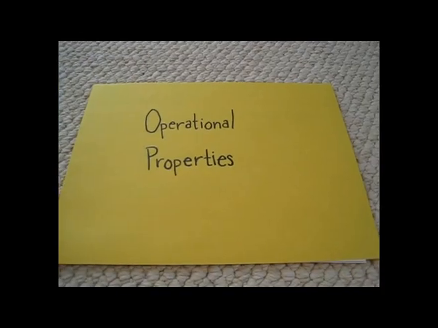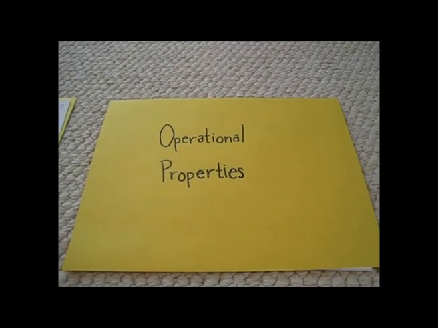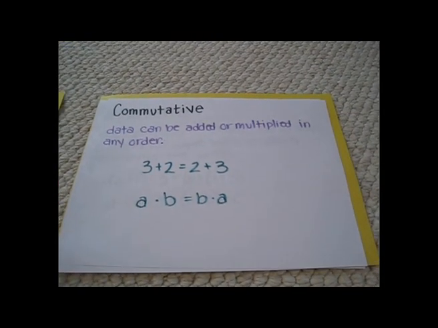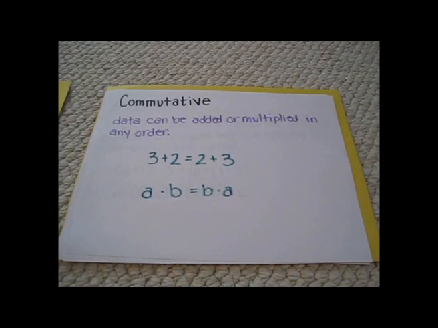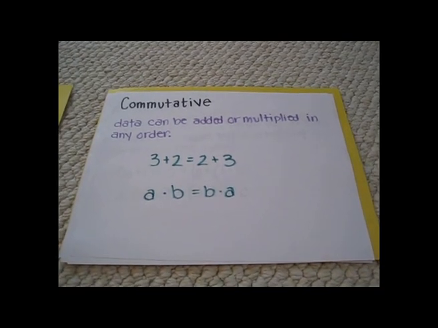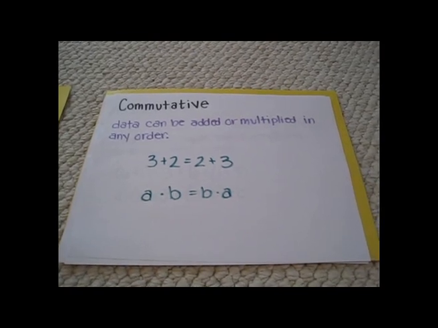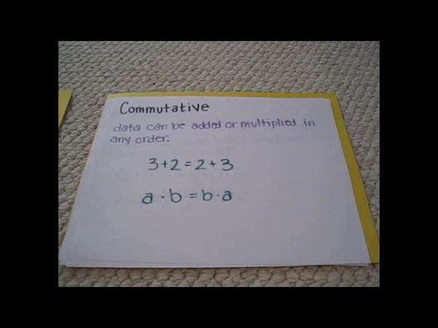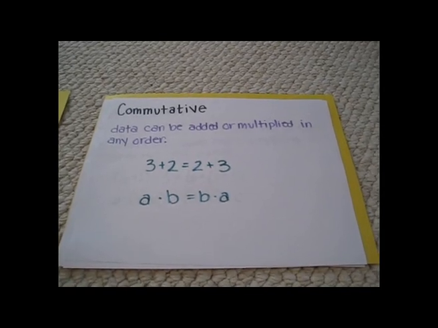The next set of properties that we will cover is operational properties. The first operational property is the commutative property, which is where data can be added or multiplied in any order. So 3 plus 2 and 2 plus 3 are both the same thing. Or A times B and B times A is the same thing.